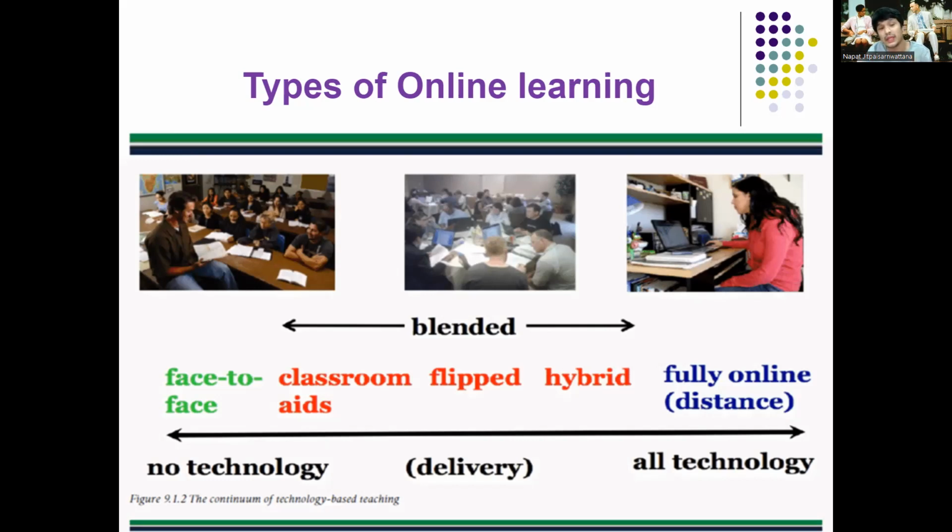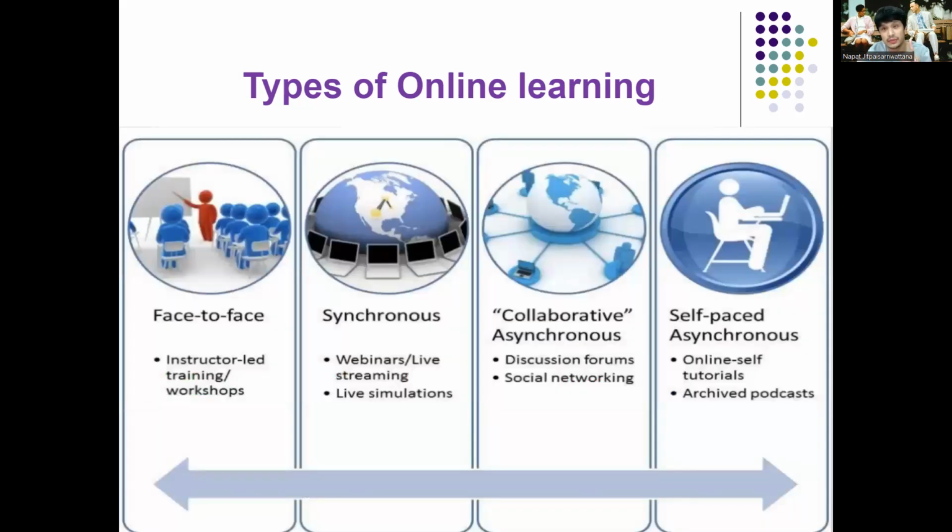Now, those are the types of learning. The next point that I would like to talk about is not just the types of learning, but also the mode of learning, right? When we talk about online learning, we normally combine different modes of learning all together. On the left-hand side, we have face-to-face learning, so you go into the classroom and you study everything face-to-face.